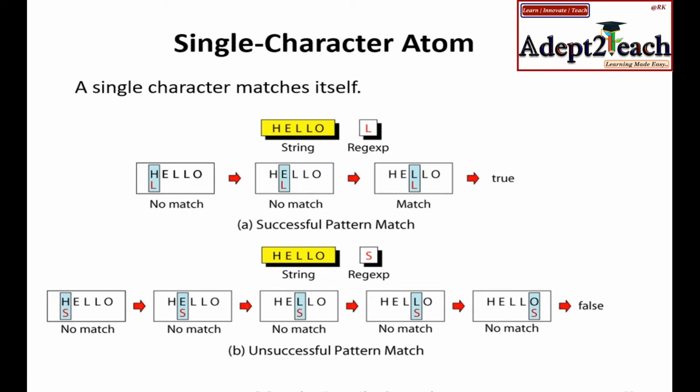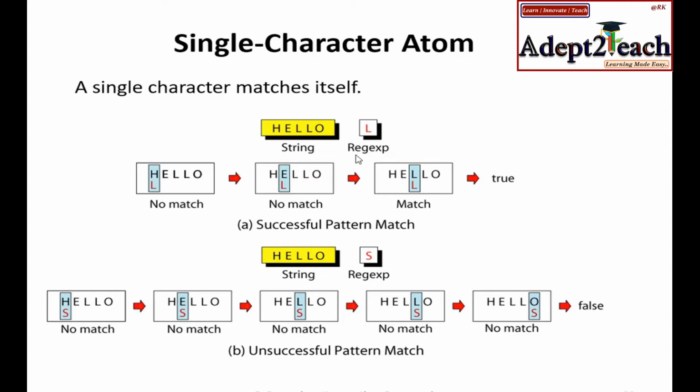Single character atom means you want to match one character at a time. For example, let's say I am trying to match my regular expression L, and the string I am going to match with is, let's say, hello.